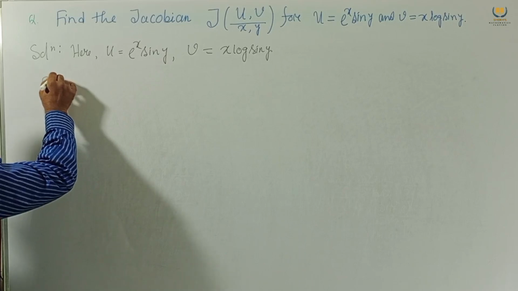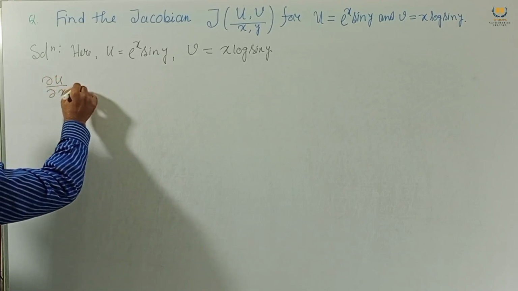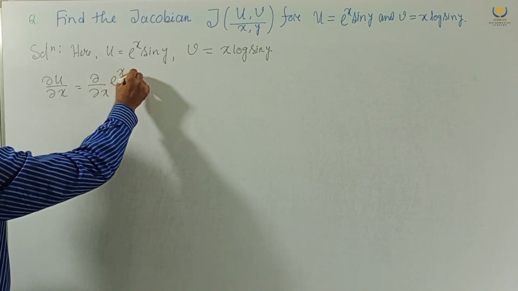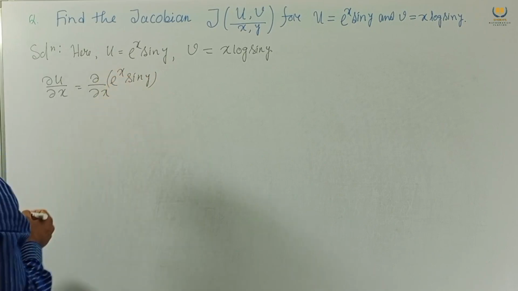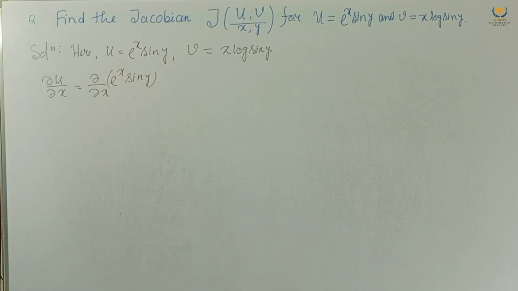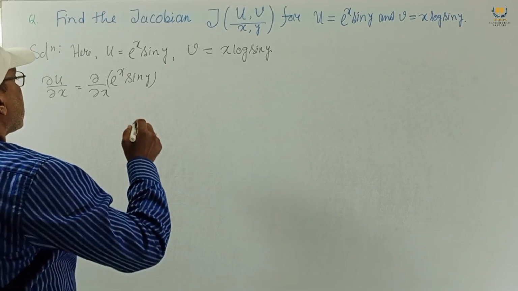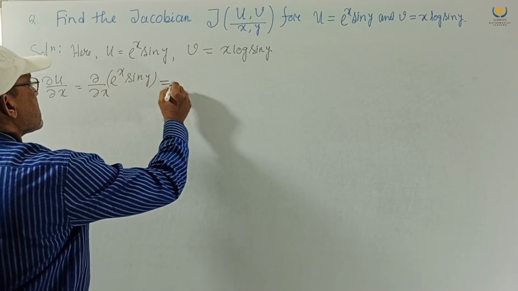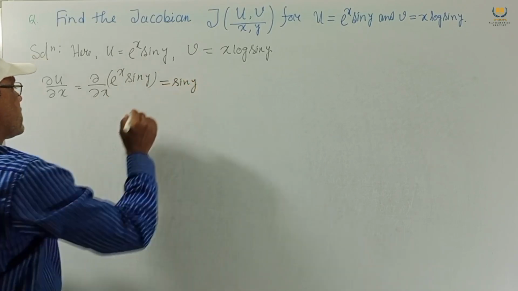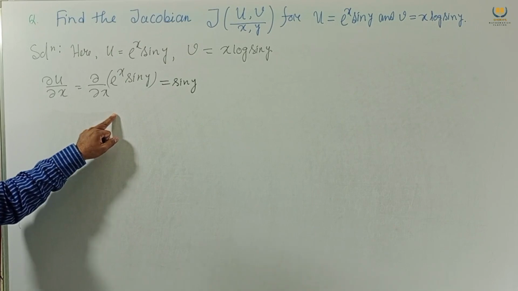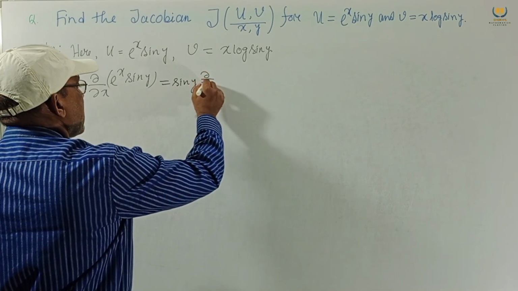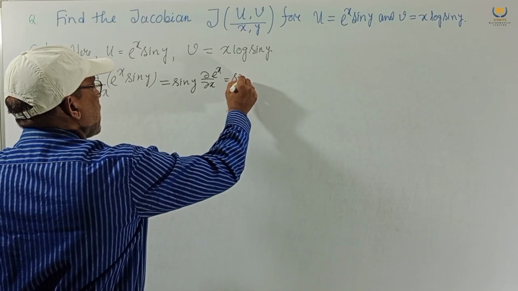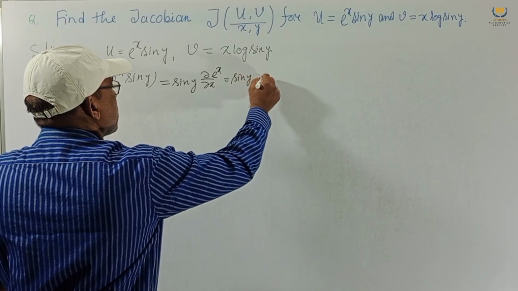First we find ∂u/∂x, that is ∂/∂x of e to the power x sin y. We get this. And this will be e to the power x. Sin y is constant because we differentiate partially with respect to x. So we get ∂/∂x of e to the power x, and sin y. d/dx of e to the power x means e to the power x.